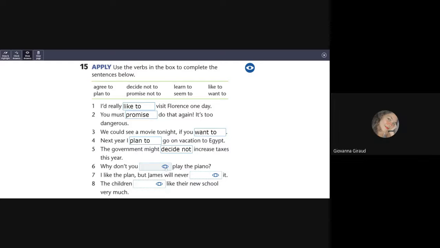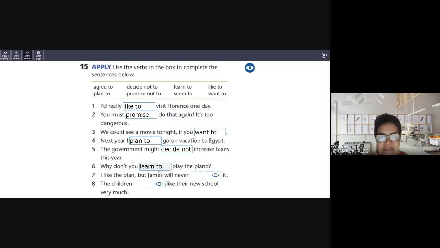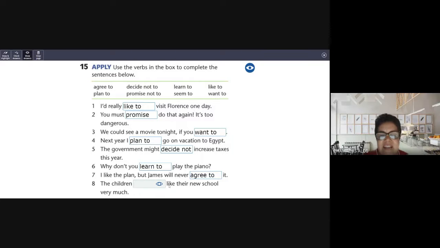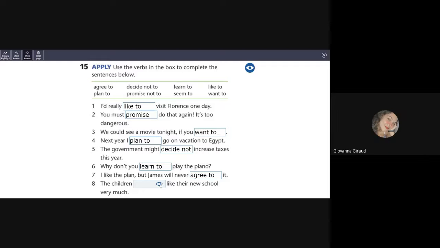Why don't you learn to play the piano? Very good. Perfect. Number 7. I like the plan, but James will never agree to it. All right. Agree to. All right. Number 8. Seem to. Seem to. Very good, people.